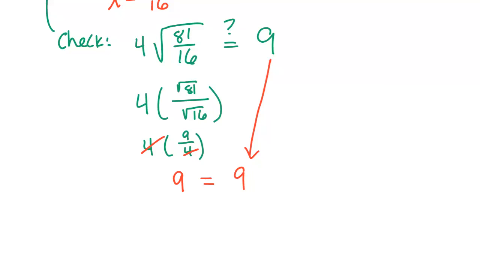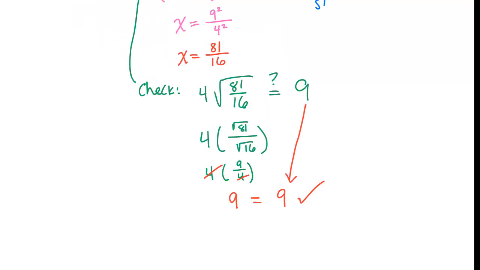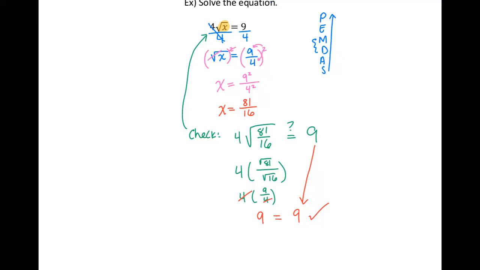Did 9 equal 9? Yes. So then my solution is going to be valid. That means that this here is a valid solution. X equals 81 over 16 is my final solution.